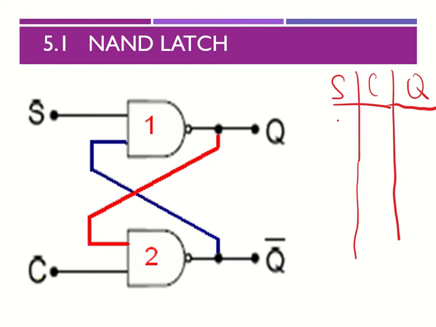Since you have S and C, you're going to have a situation where you have this S and C, and you are going to have a Q, and also a Q bar. I think this is too small.